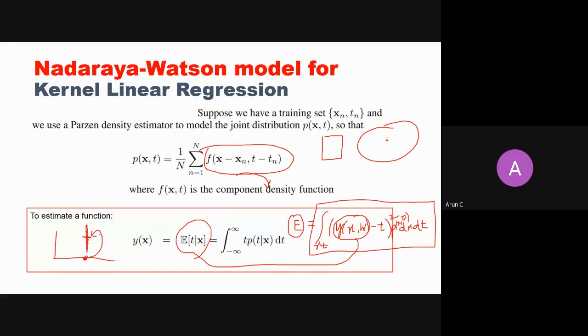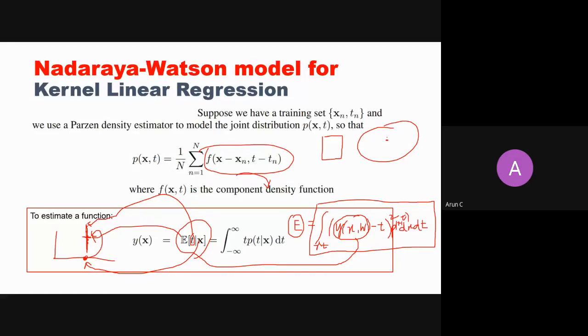This is known as conditional expectation. It means for the x you are targeting, you take all the t's available for that particular x and find the expectation, the mean.